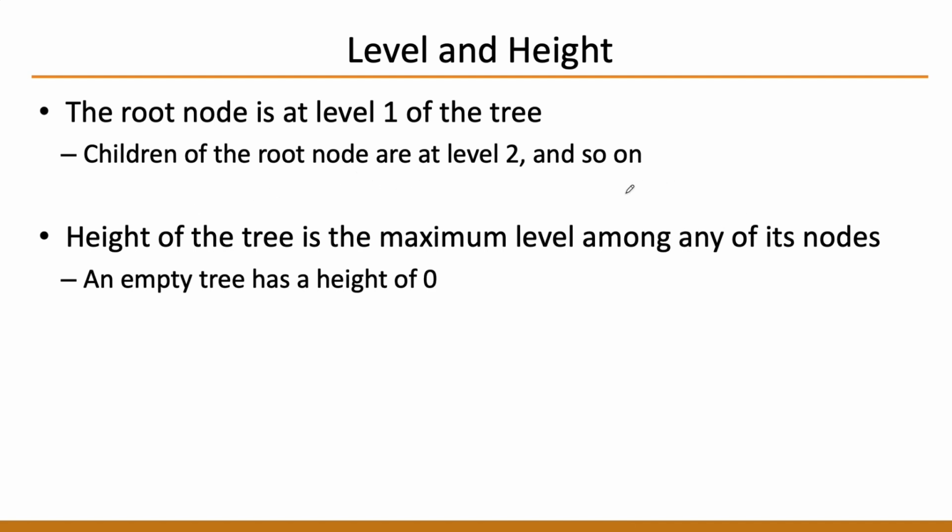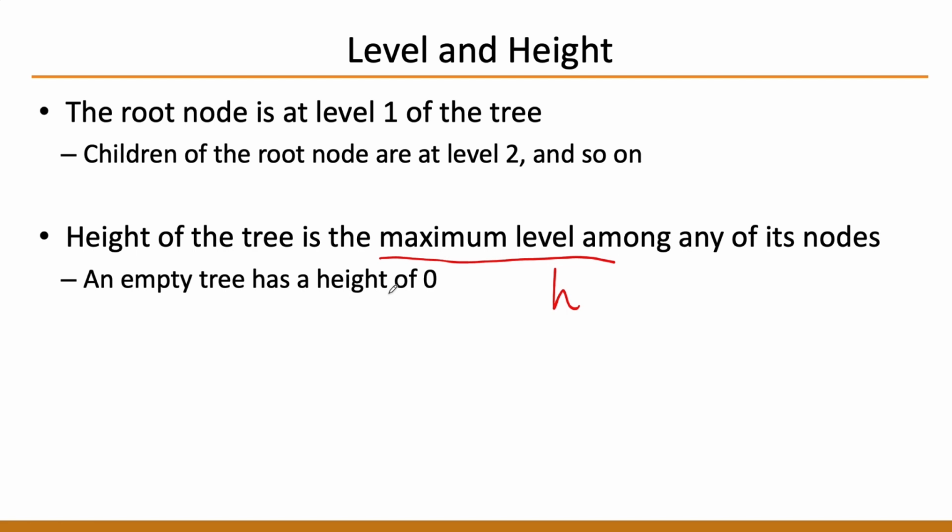So effectively, you count 1, 2, 3, all the way until the deepest level. And the height of the tree is defined based on the maximum level. Usually we use H to represent that. The special case is the tree that doesn't have any nodes in it. In that case, for this empty tree, we define the height to be 0. All right, so this is the definition.